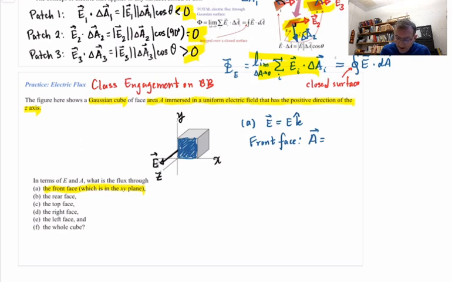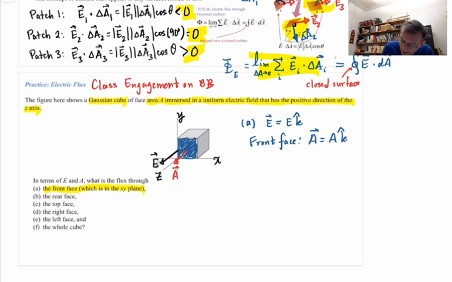Notice it's got to be perpendicular to that surface, pointing outward away from the surface. So the A vector has got to be in the z direction, perpendicular to that flat face and outward. So this A arrow is A times k hat.